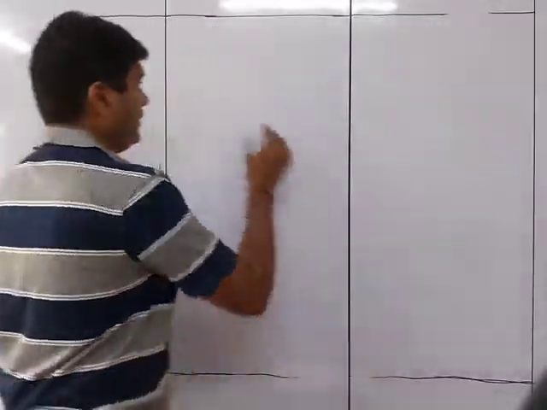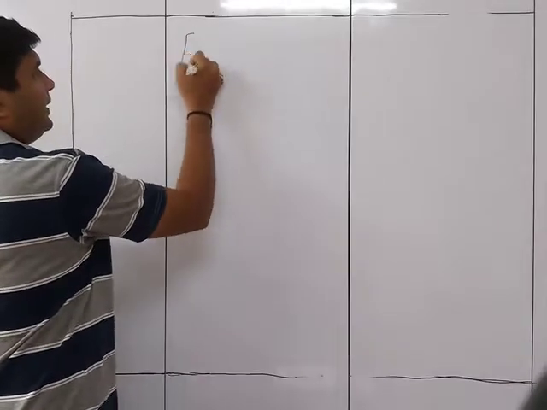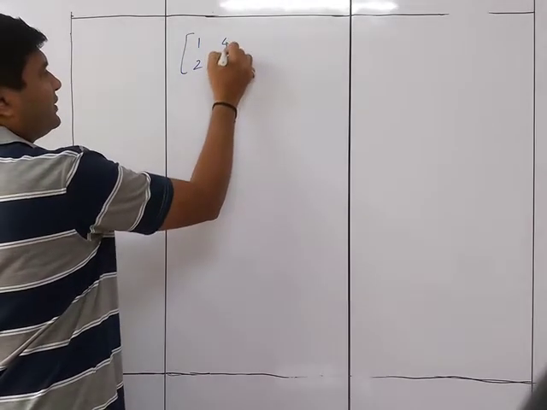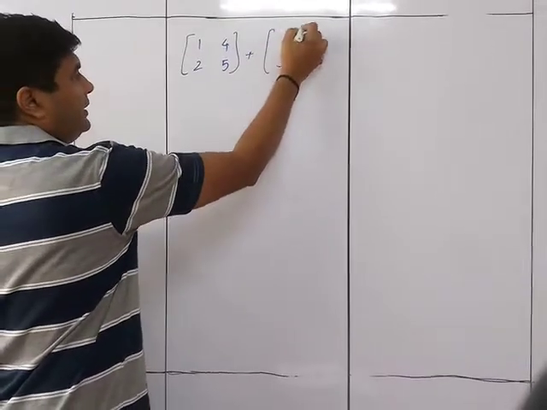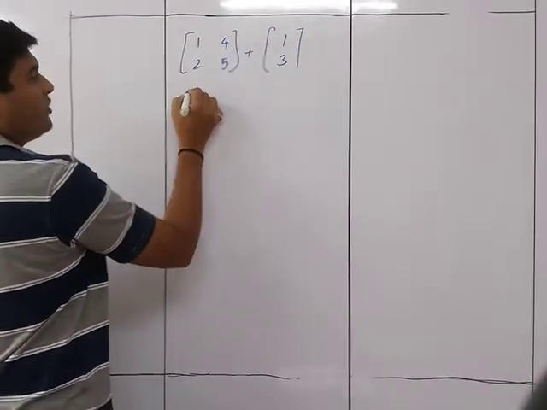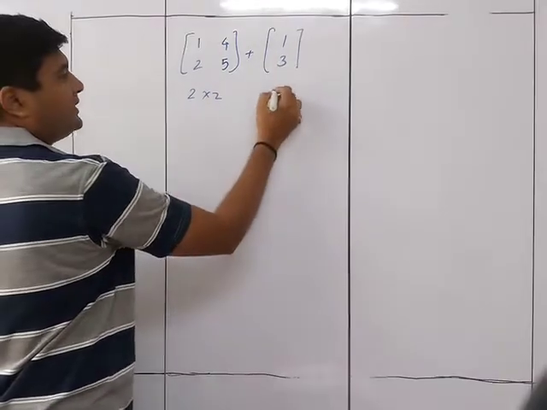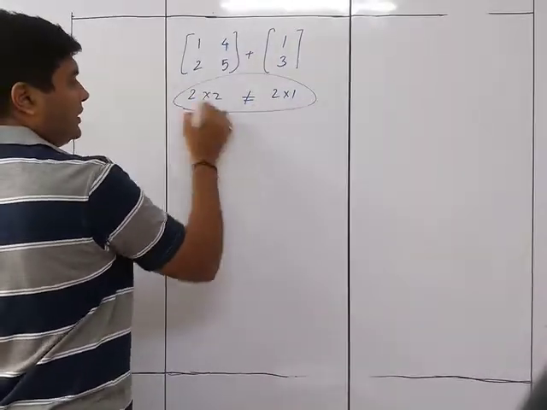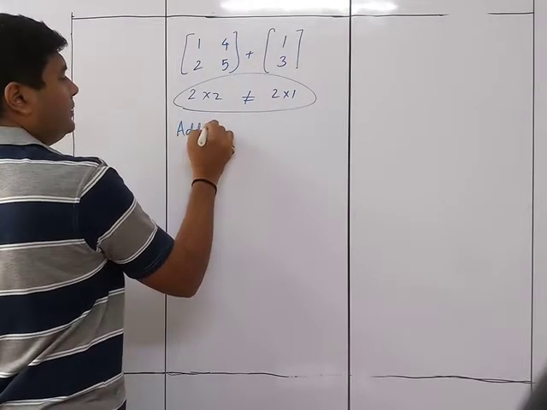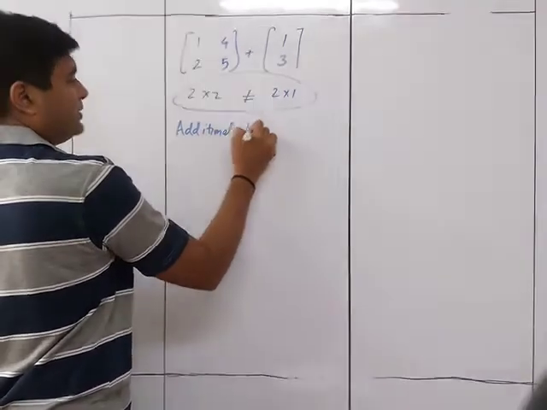So if I say over here 1, 2, 4, 5 plus 1, 3, this is of order 2 by 2, whereas here it is a 2 by 1 matrix. Because the orders are not equal, addition is not possible.